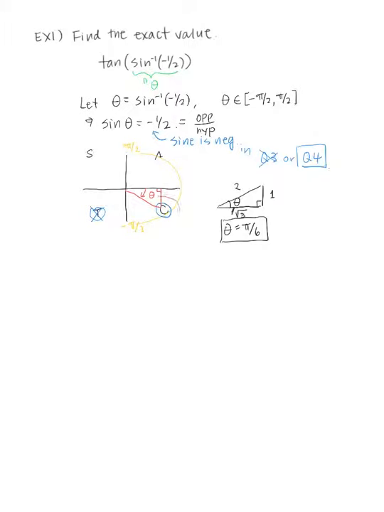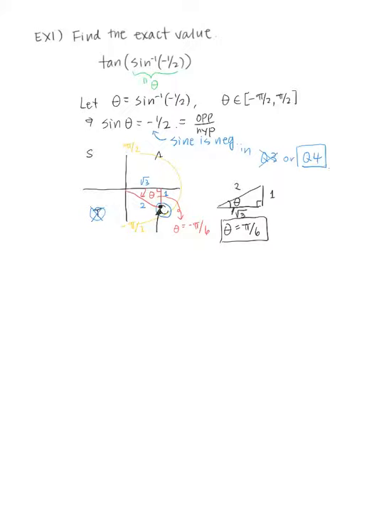Let me just go over here. I hope you can see this. I'm sorry if you cannot. So theta is negative pi over 6. The length here is 1, and this side is square root of 3, and the hypotenuse is 2.